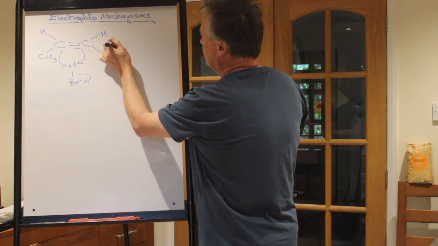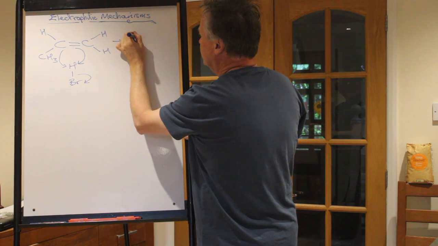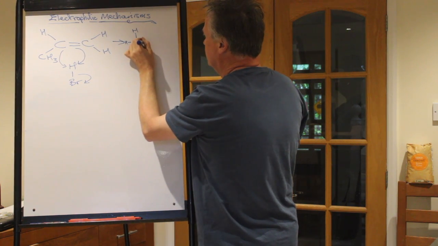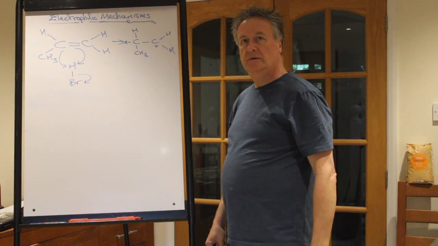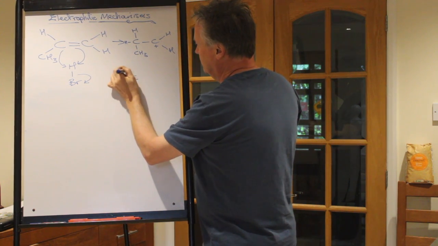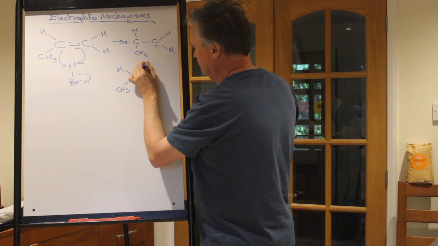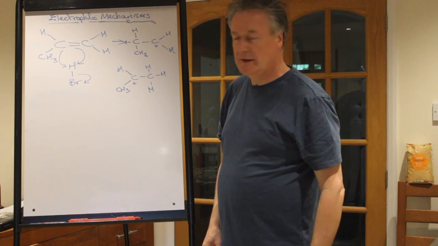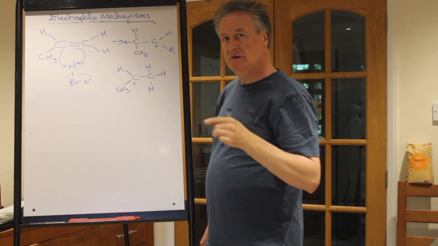So if you were to put it in 2 choices, you can have that, and you can have that, which has the two carbocations. Now this one, because it's got two hydrogens on it, is termed a primary.